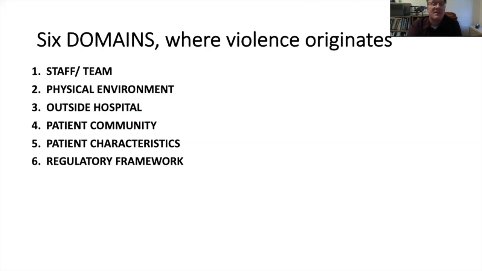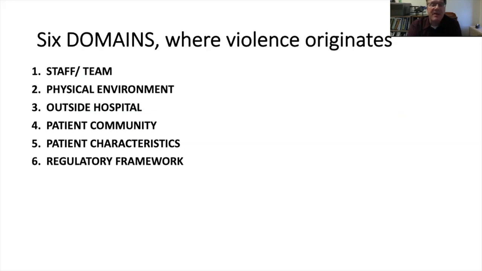Another patient characteristic is being very ill and having a type of mental illness where the person has symptoms that they believe people are out to hurt them, and they're experiencing paranoia. Also, personality disorders can predispose some patients to violence.